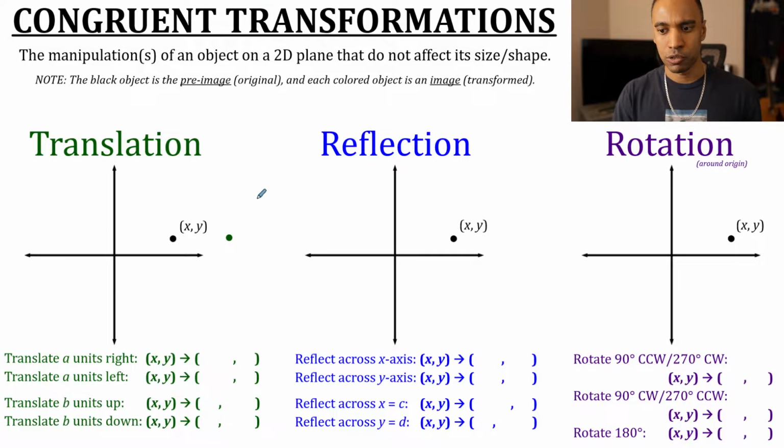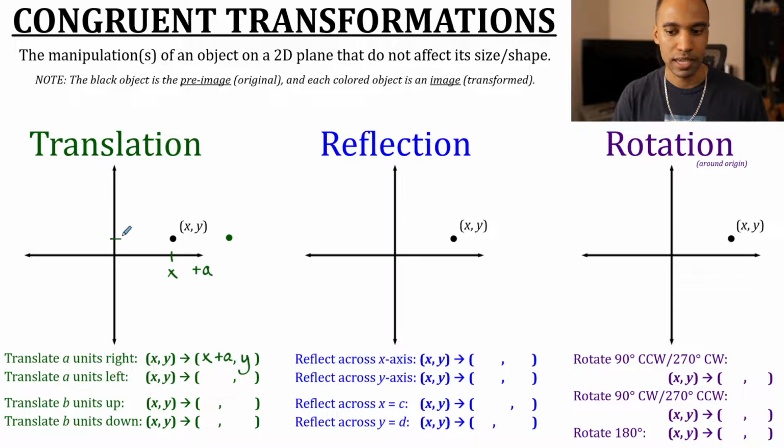Its Y value still remains the same, but the X value has gotten a little larger. So Y stays the same, but this was X, and then I went A units over. I added A units to it. So now the new point is whatever X was plus A. That's assuming I'm moving to the right.